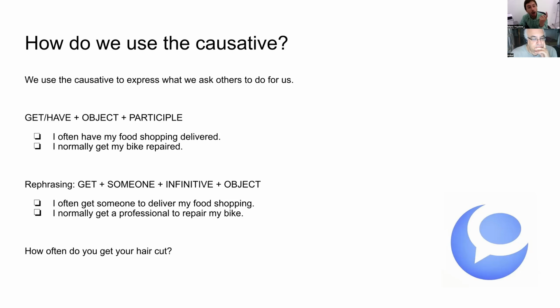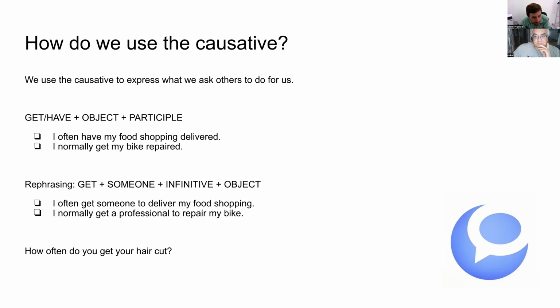Rephrasing, I often get someone to deliver my food shopping. Or I normally get my bike repaired. I normally get a professional to repair my bike. So you can mention the subject, but you need to use get, someone, infinitive. There are more meanings at level C1, but this is the important thing for B2, really.